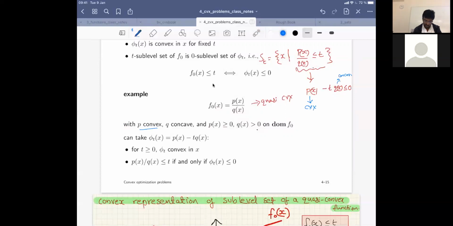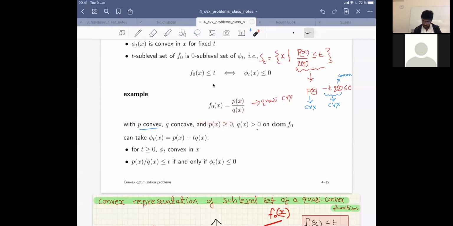We have the assumption that p and q have to be greater than or equal to 0, so t has to be positive. So the second function is convex, and you are adding two convex functions, which will be convex. So we proved that this function f0(x) is a quasi-convex function.